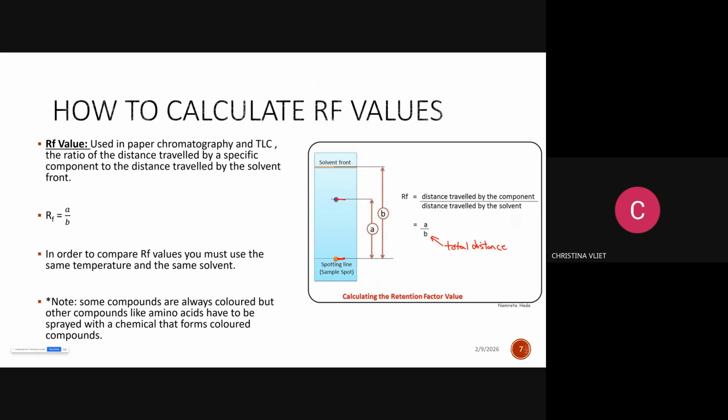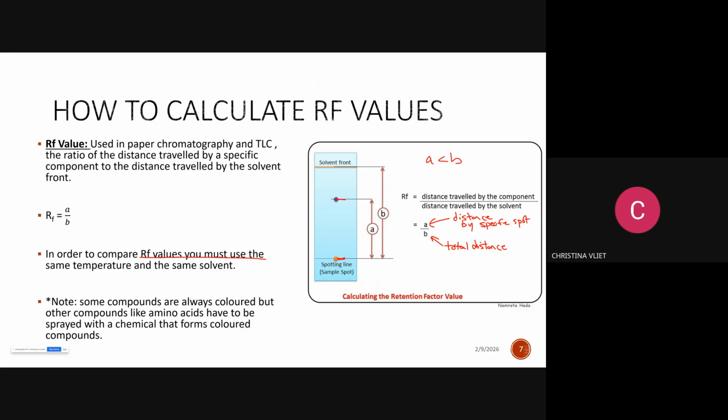And A, the top number, will be the distance traveled by the specific spot you're looking at. So A will always be lower than B, because you can't travel further than the furthest. So A will always be lower than B here.